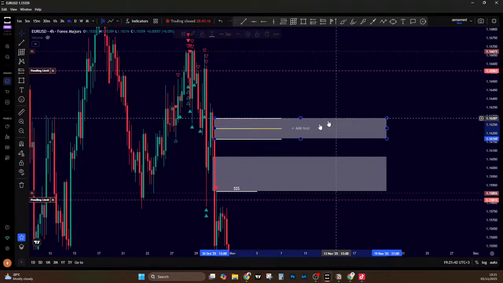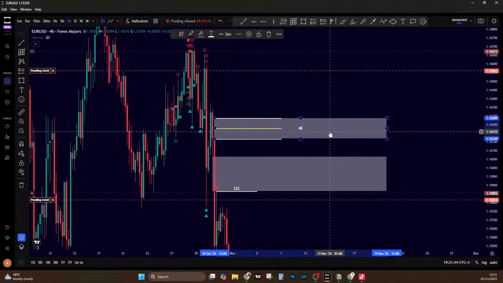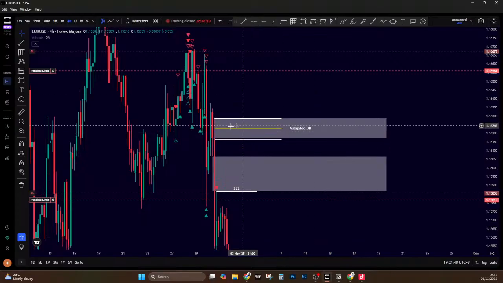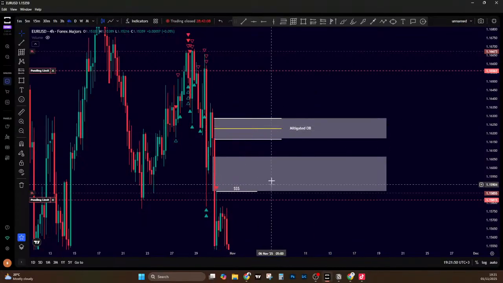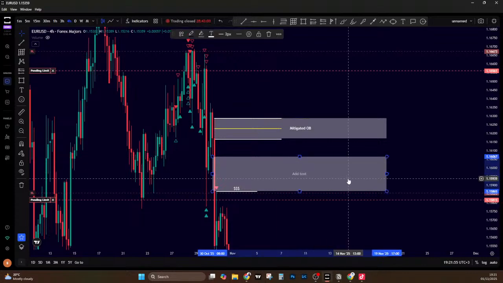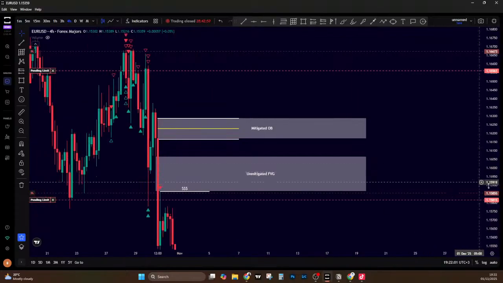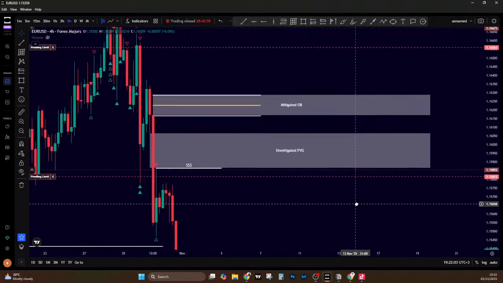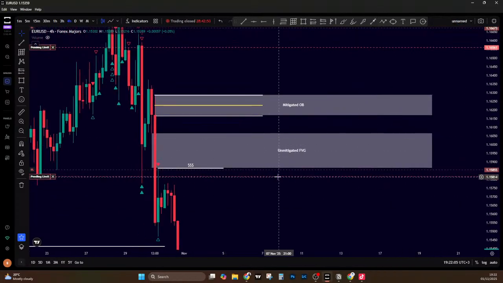I will mark this as a mitigated order block, because this is the wick that mitigated this order block, and I will mark this as unmitigated fair value gap. Unmitigated fair value gap. And most of the times, unmitigated fair value gaps are very valid.